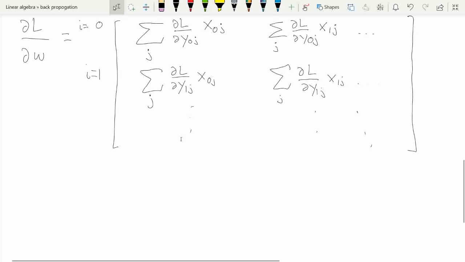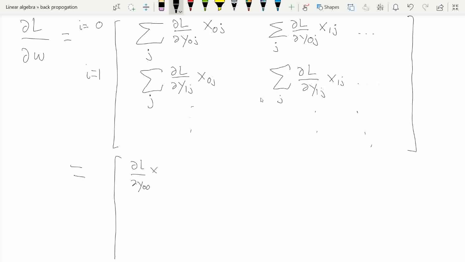So if we write the sums out as well, just to make it clear, with j equal to 0 this whole thing is going to be del L by del y 0,0, x 0,0, and then with j equal to 1 it's going to be y 0,1, x 0,1, and that's going to carry on, just incrementing the second index.